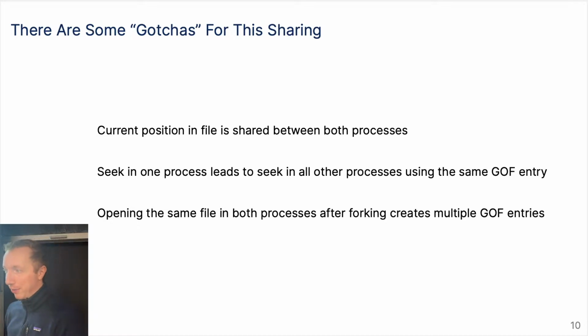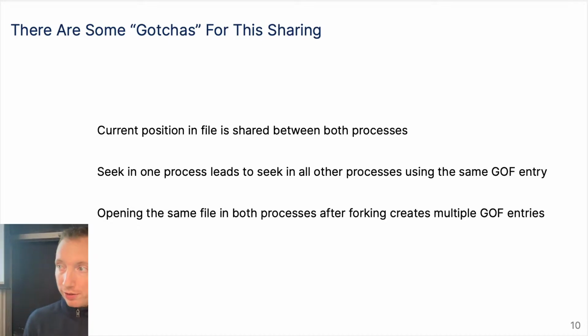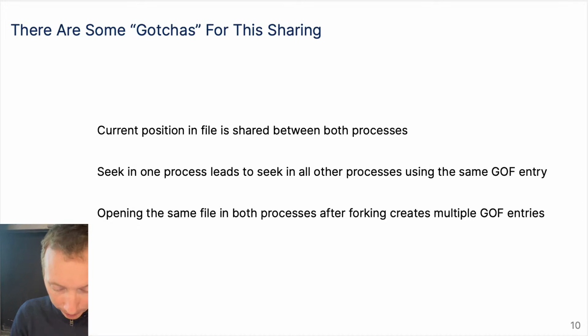So you could interfere with each other. It could just seek to the end, and then neither process reads any of the file. So you could get some very interesting things if you are sharing a file descriptor and another process decides to seek on you and do some interesting things because you're never going to figure it out.